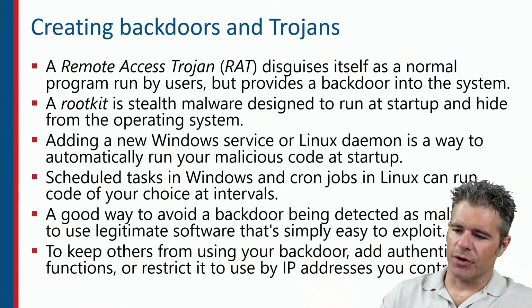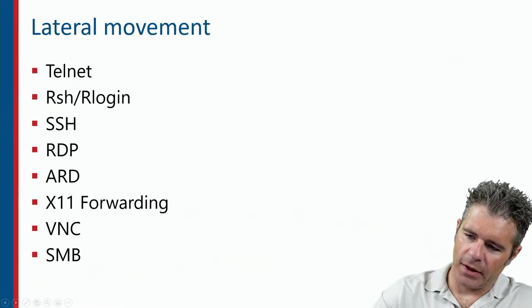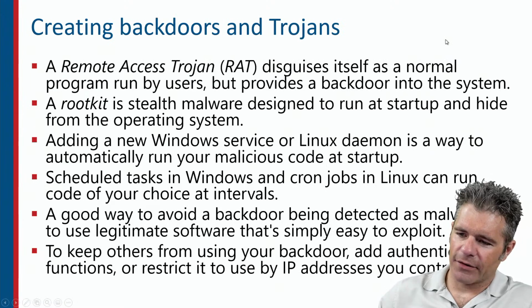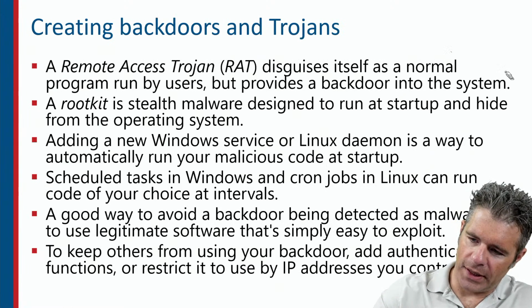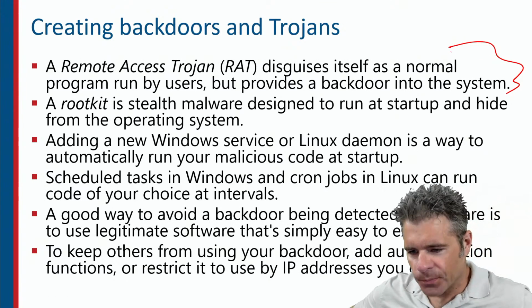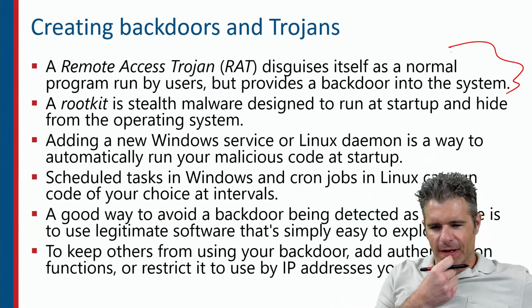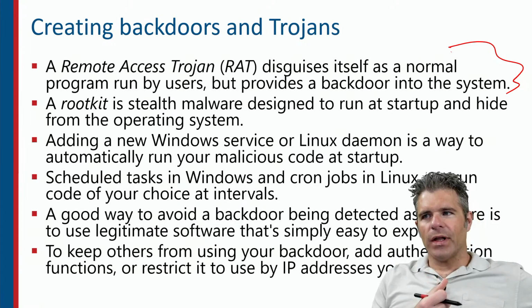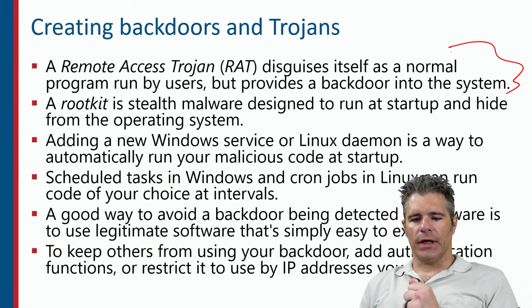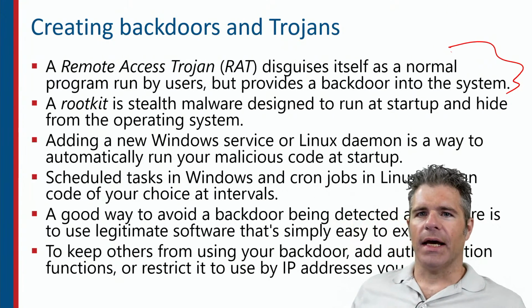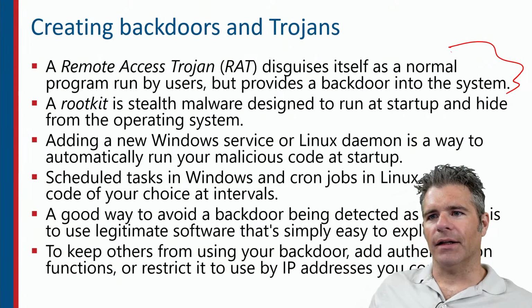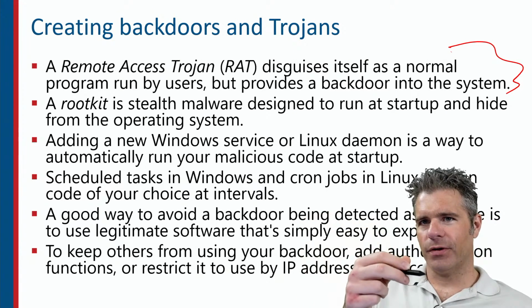You can think of the stuff you can do with Meterpreter as a sort of low-level remote access Trojan. So a not very fancy one, which will leave you a backdoor to get into a system. One of the things you're probably looking for in that kind of setup is a remote access Trojan that dials out.